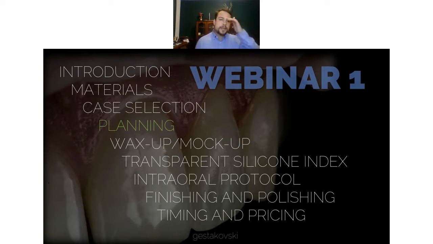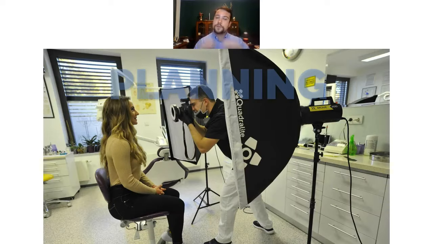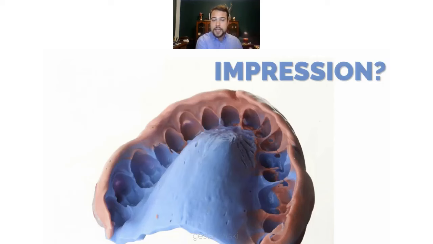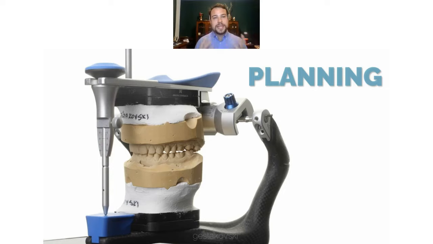When we speak about the planning, I'm always starting with intraoral and extraoral photography, doing some DSD, face analysis, and so on. Taking the impression, you can use the scanner or you can do the analog way. The most important part is that you follow the orientation of the horizontal, no matter if it's with overlapping of the photos or with the face bow, but always think about the function, because without the function you cannot achieve long-lasting aesthetics.